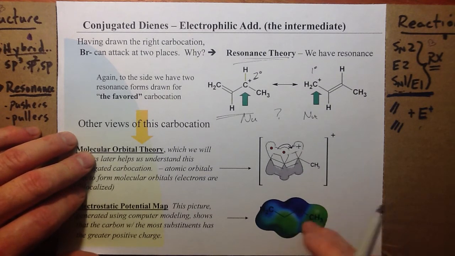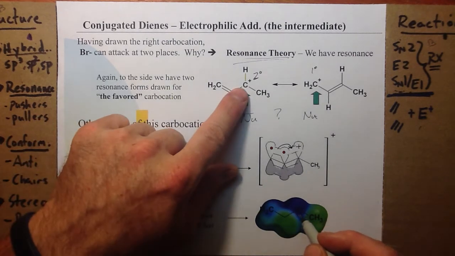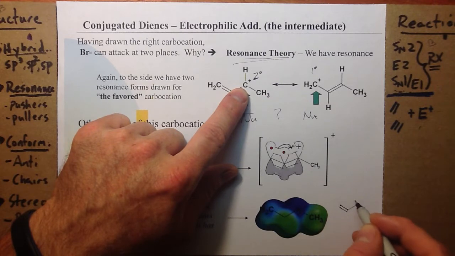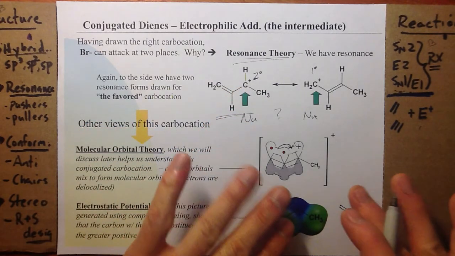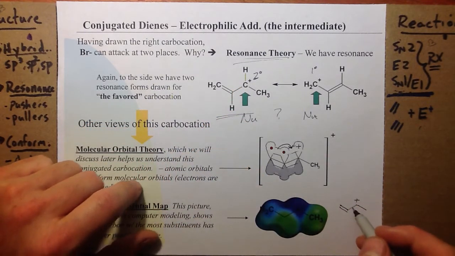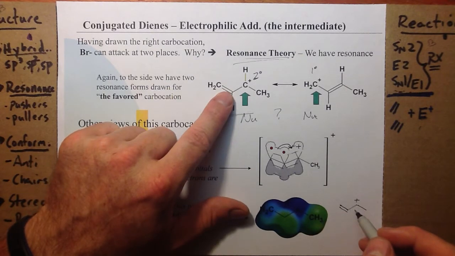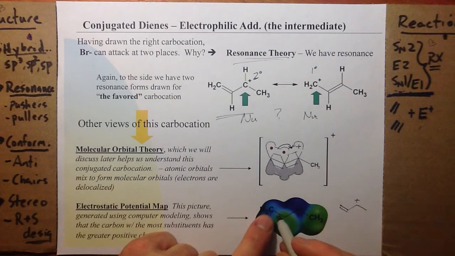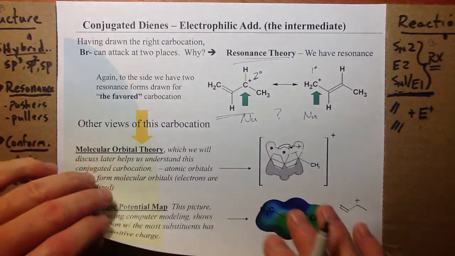Not a lot of electron density, but a little bit more than what's on this carbon. So you think, well, what is this really representing? Again, this is representing, kind of from a tilted view, the allylic carbocation, and this positive charge is most expressed here, but also expressed to some degree here by resonance.